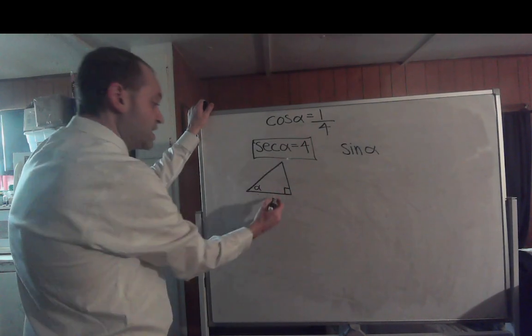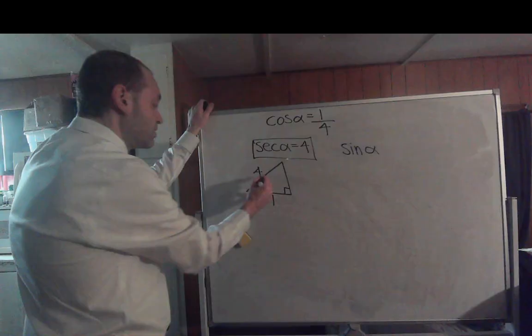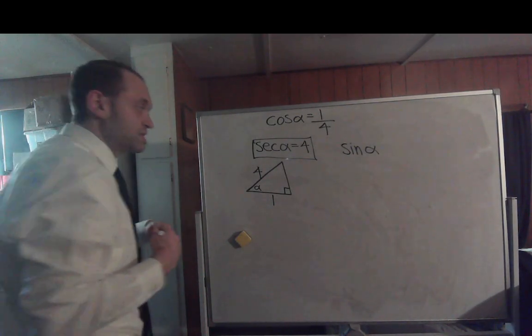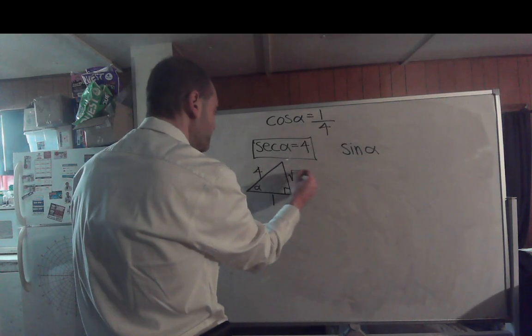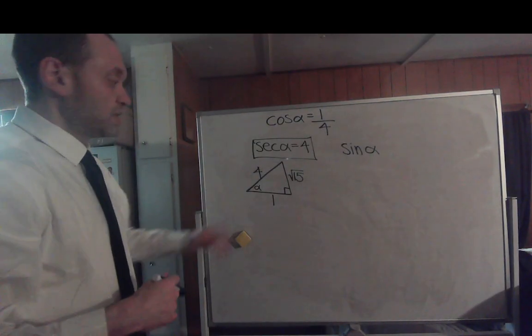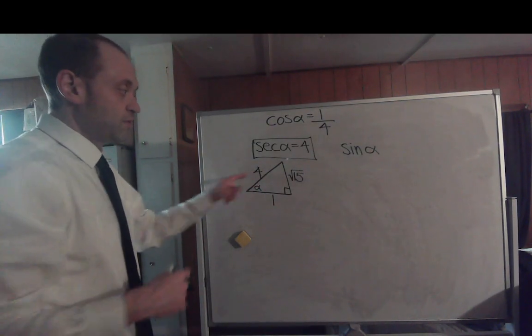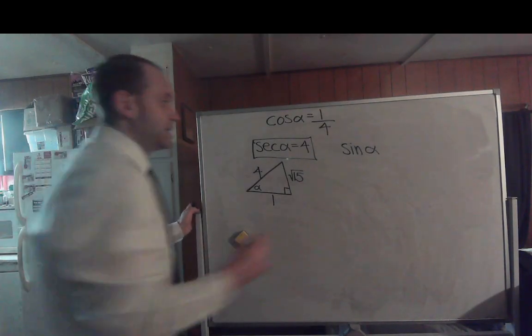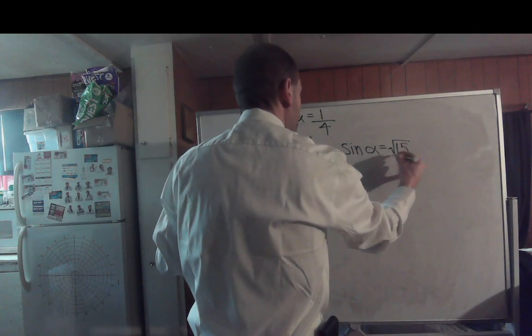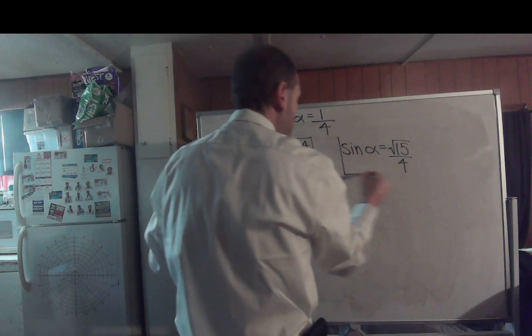So the cosine is 1/4. Let's figure out the missing side. So 16 minus 1 is 15. This would be the square root of 15. Okay. So what's the sine of alpha? Opposite over hypotenuse, that's going to be the square root of 15 over 4. Sometimes you have to draw a triangle when you don't have a choice, but that's okay.